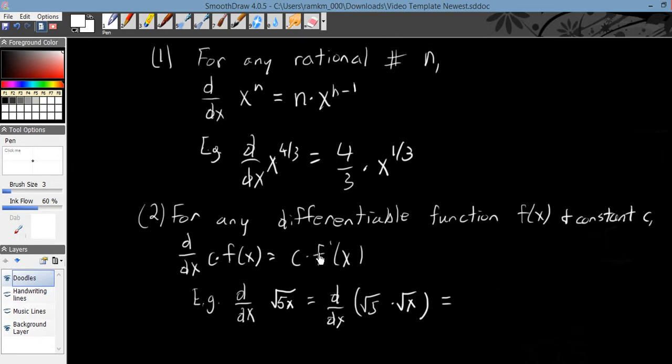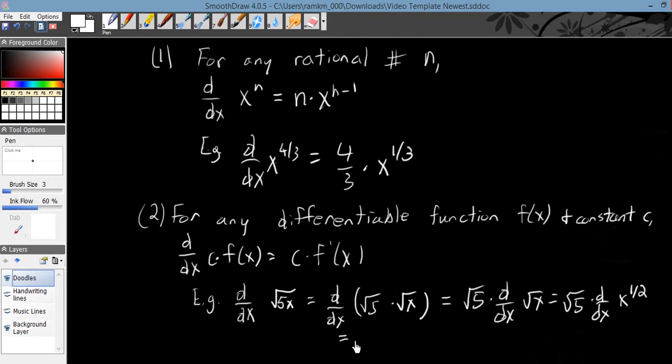And this property tells us that we can pull this square root of 5 outside of the derivative and evaluate this as the square root of 5 times the derivative with respect to x of the square root of x. And that's just going to be the square root of 5 times the derivative with respect to x of x to the 1/2. And we now know that this is going to be 1/2 times x to the minus 1/2, because that's of this form here, n x to the n minus 1.